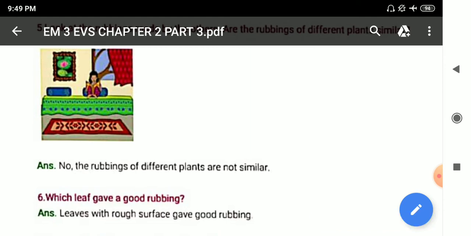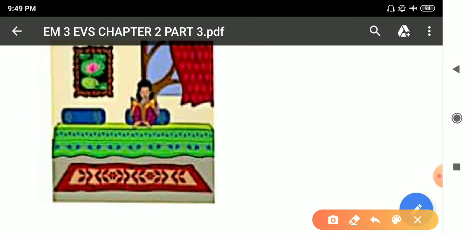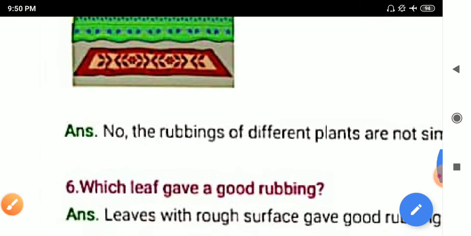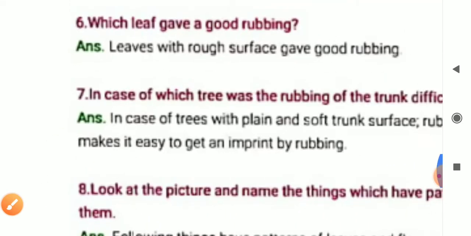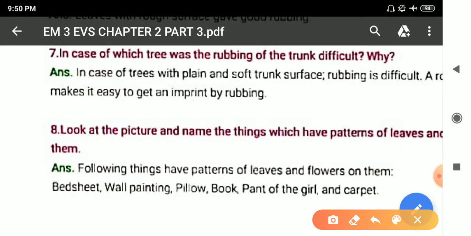So we have here one carpet, pillow, this mat, this curtain. So all these things have an imprint of flowers, leaves, trunks, and let's check in the answer. So all of these have imprints of leaves and flowers.